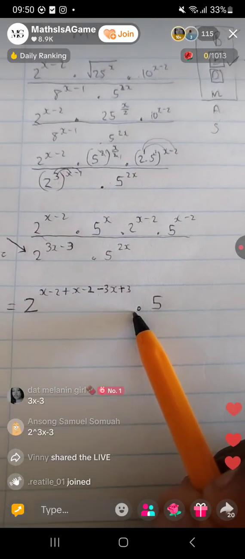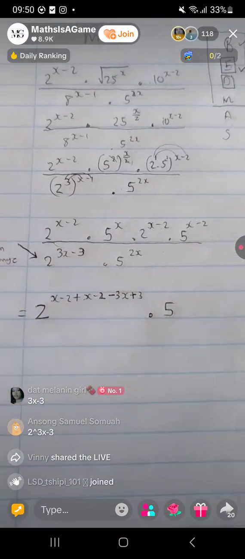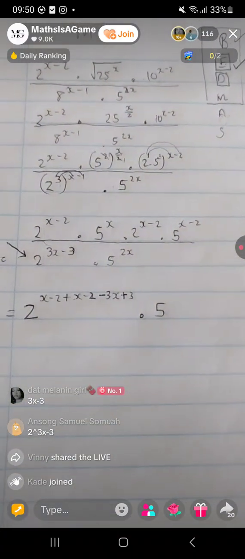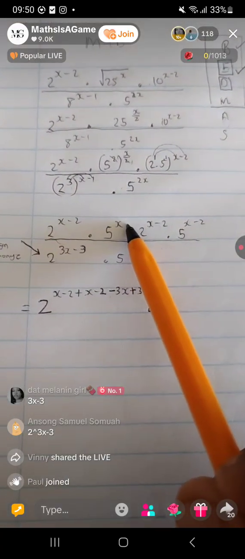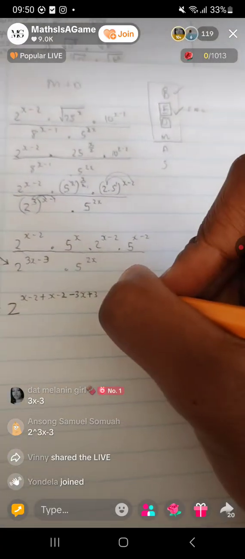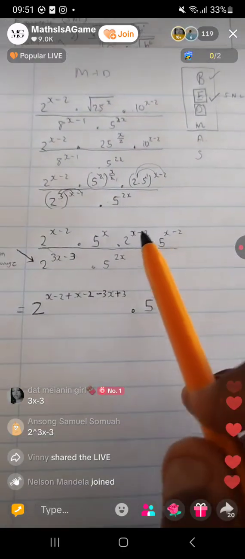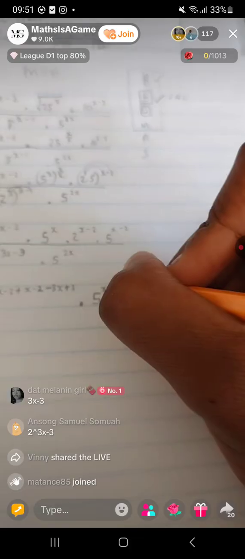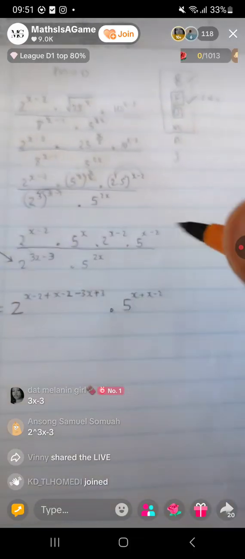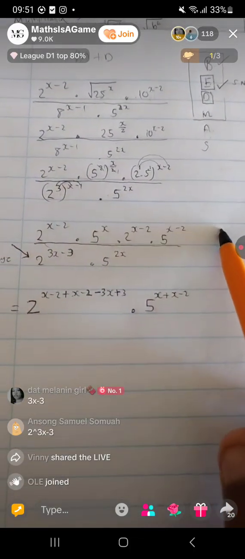Multiplied, okay, by what? Base 5. Now we collect all the base 5 exponents. He is at the top, so he stays as he is. Multiplied, we are adding. He is at the top, stays as is, adding x minus 2.